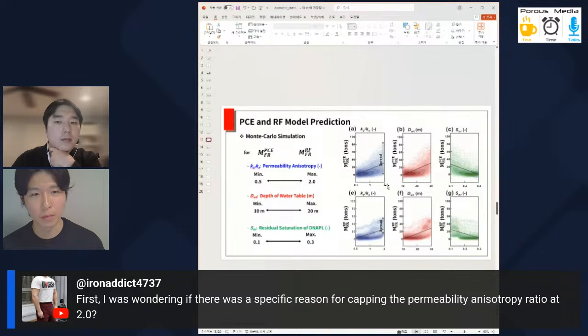So I limited the upper boundary to 2. I also have to consider the convergence ability of the models. If I choose outer values, the model might fail or not reach convergence. So there are several reasons to consider these boundaries.